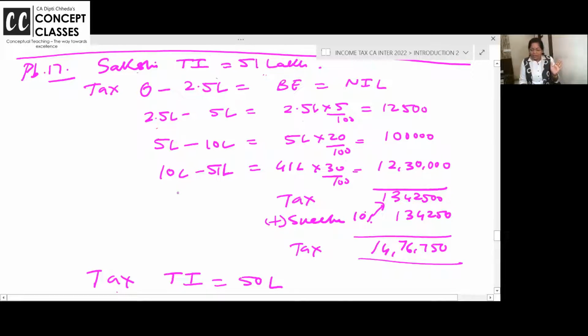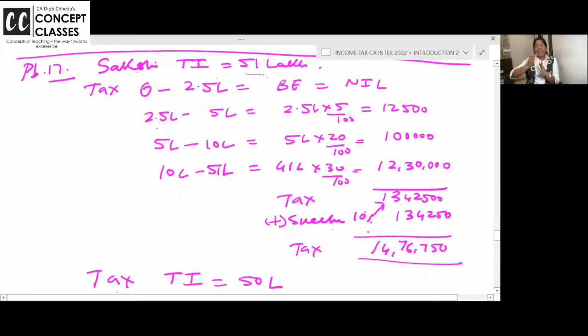Beyond 10 lakhs up to 51 lakhs, Sakshi's income is 51 lakhs, so on the last 41 lakhs, 30%. So what is your tax on 51 lakhs? 13 lakh 42,500. Now, because income exceeded 50 lakhs, you have to pay surcharge at the rate of 10%.